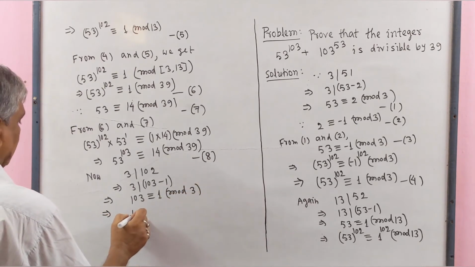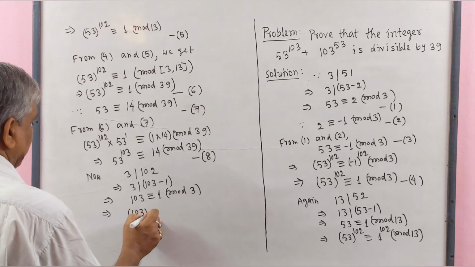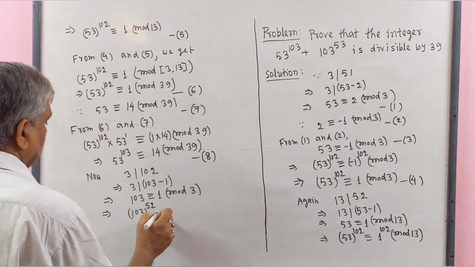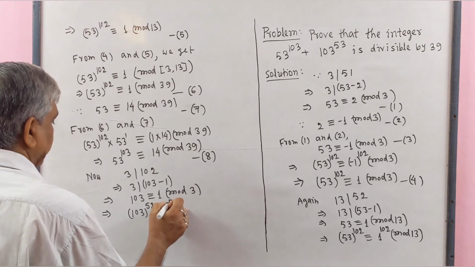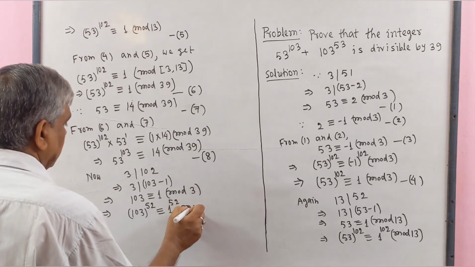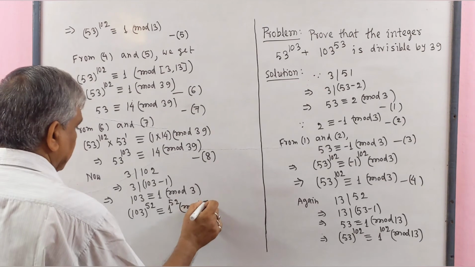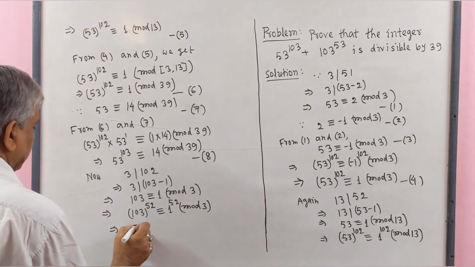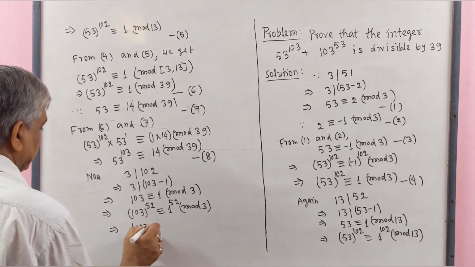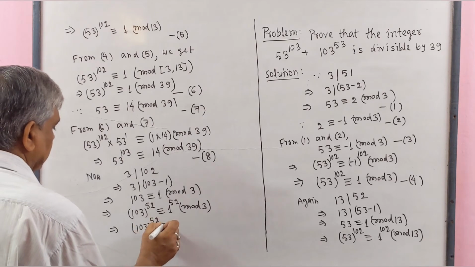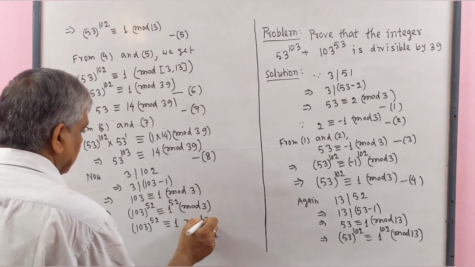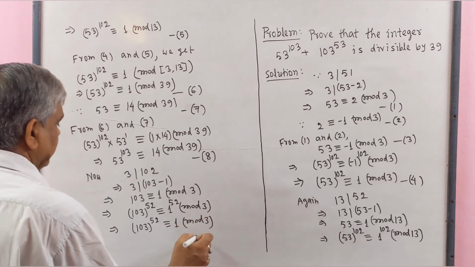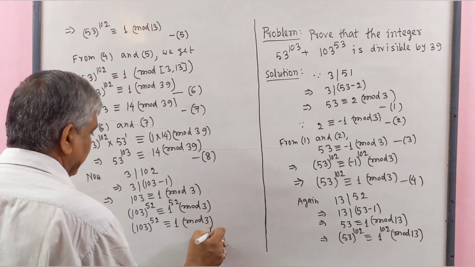This implies that 103 to the power 52 is congruent to 1 to the power 52 modulo 3. So 103 to the power 52 is congruent to 1 modulo 3. This is number 9.